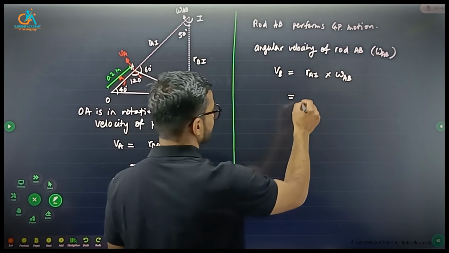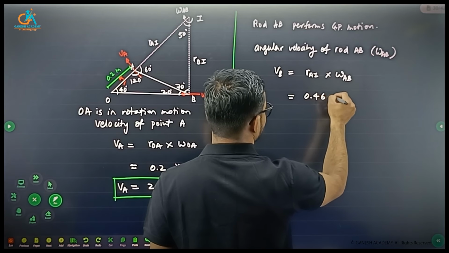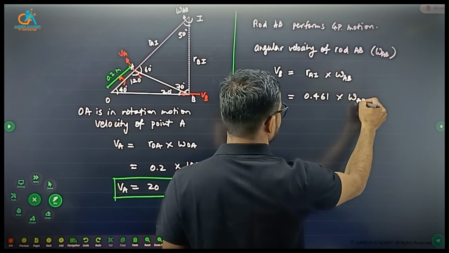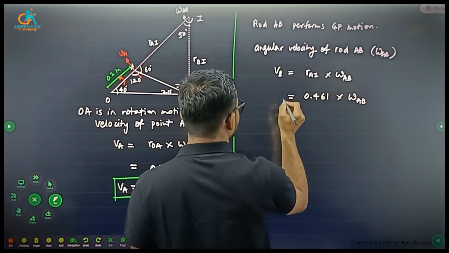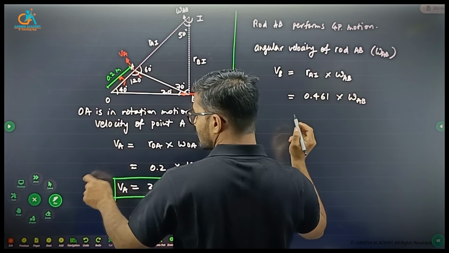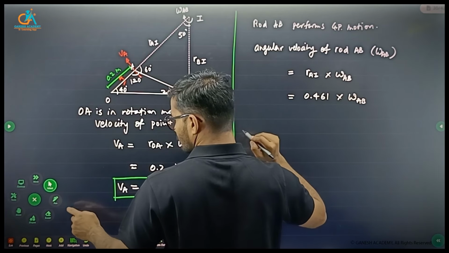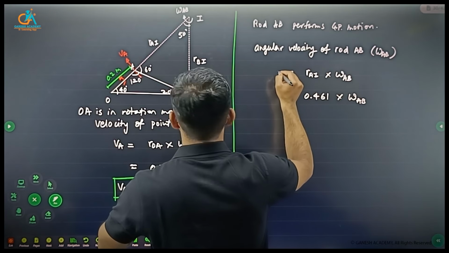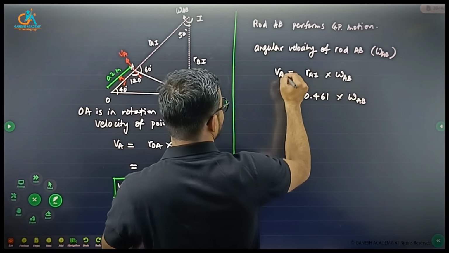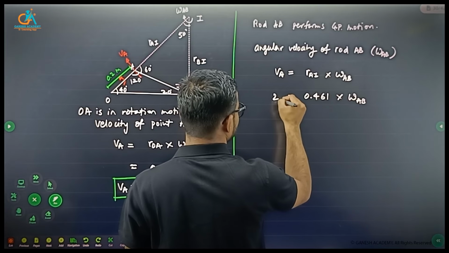Where RAI is 0.461, angular velocity is unknown, and velocity of point A, VA, is 20.